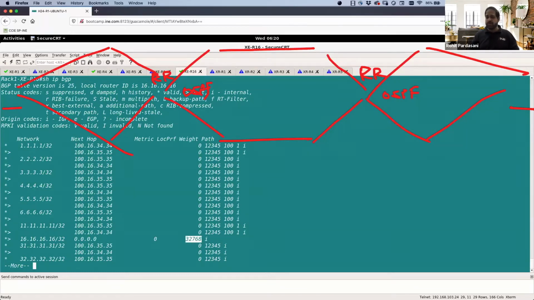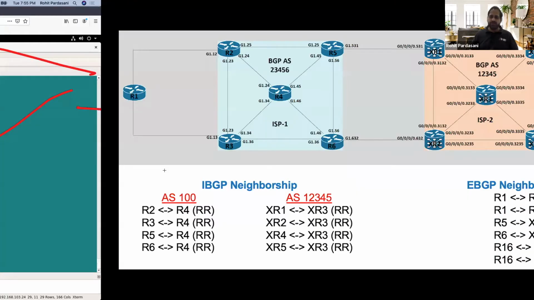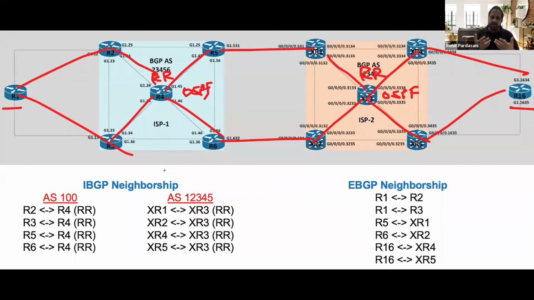So if the route is locally advertised, you would see a weight of 32768. If it's learned, you would see a weight of 0. Now, from R1's perspective, he has learned the route from both his neighbors. And like I said, weight is locally significant. It's never advertised. So it's not that router 2 and router 3 are advertising weight.